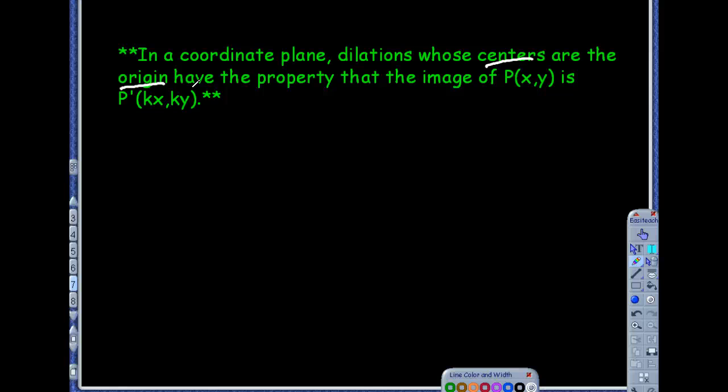It says we'll have this property where the image of P. So this is your pre-image. Notice it doesn't have a prime symbol. So they're just giving you some coordinates, x, y. Now this is your image, what they're talking about. So notice what you did. Notice the pre-image is your x, y. To go from the pre-image to the image, what did I basically do to the pre-image?